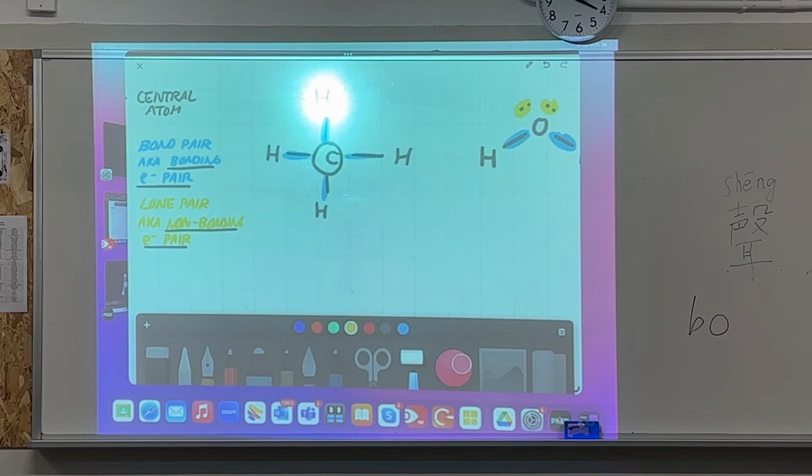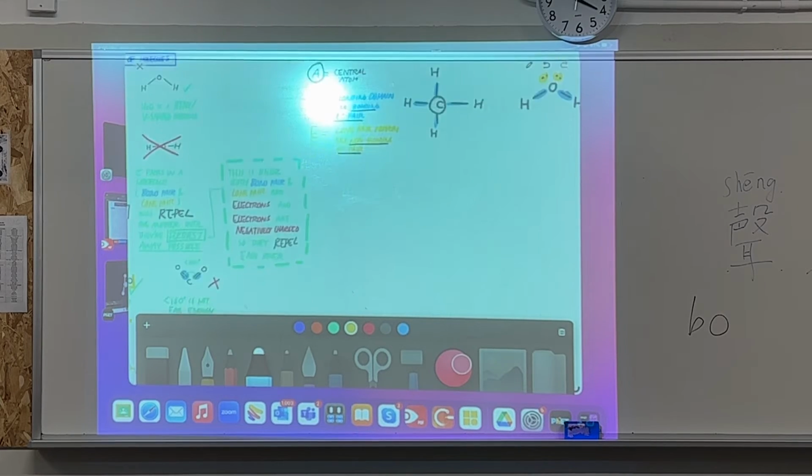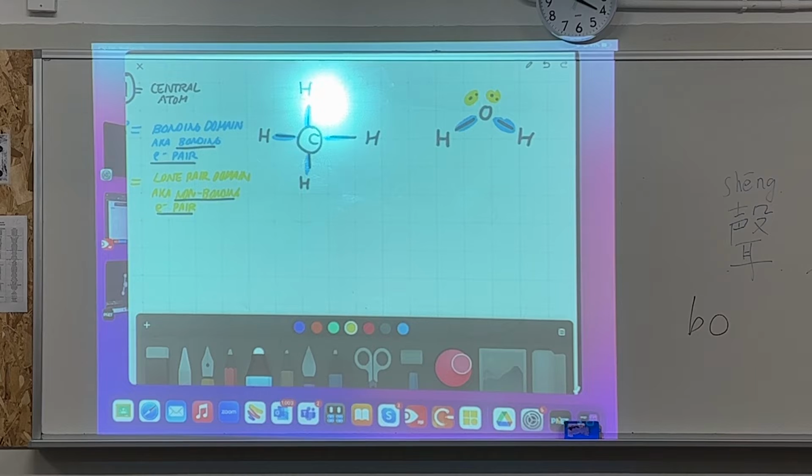Let's not call it bond pair, let's call it bonding domain, and then we have lone pair domain. So we have 4 domains on the left, of which all 4 are bonding domains.